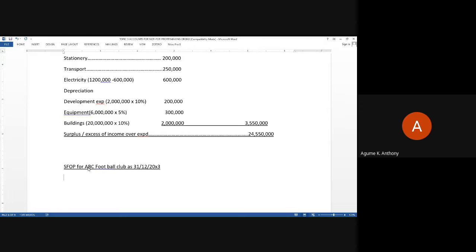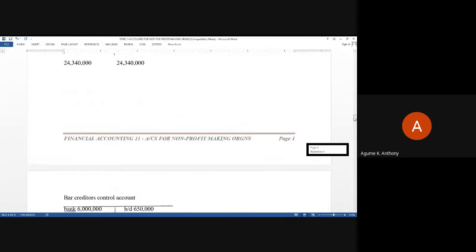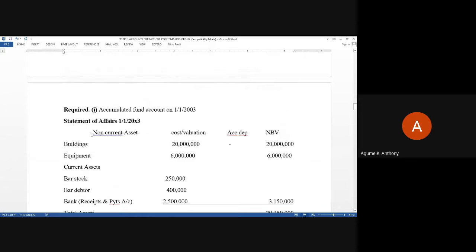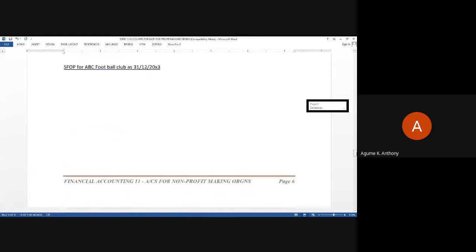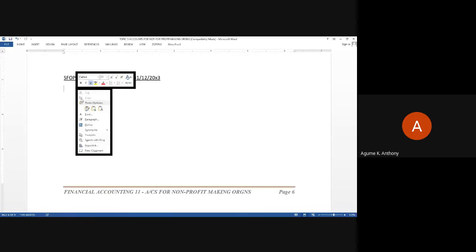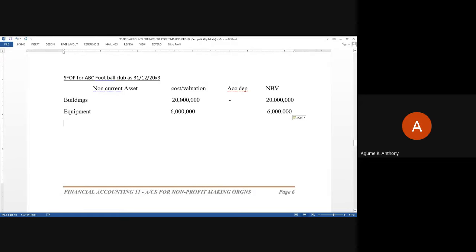I'm going to have your non-current assets. I can take all these because let me just come and copy this one. So I would have my non-current assets, building, which is 20 million, but the depreciation now here, accumulated is 2 million.